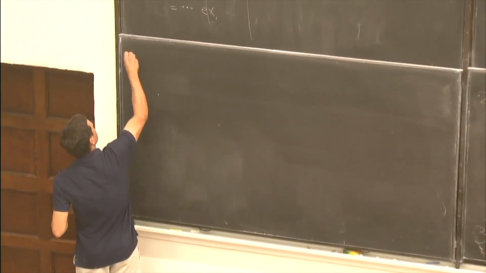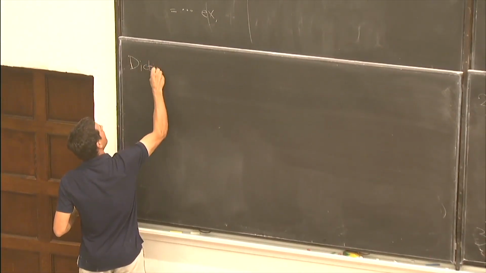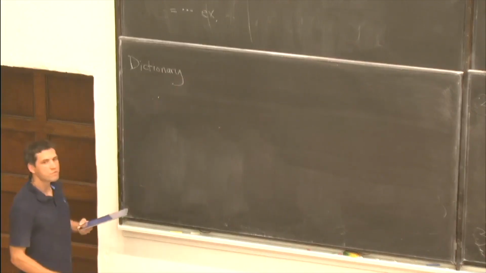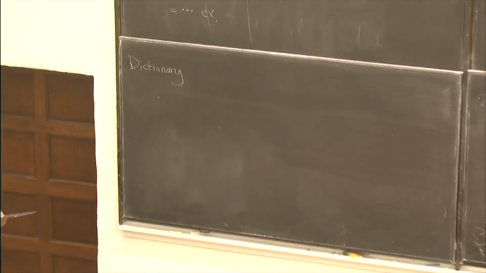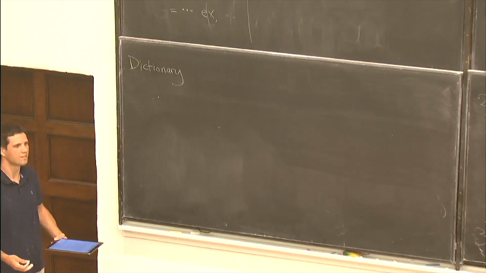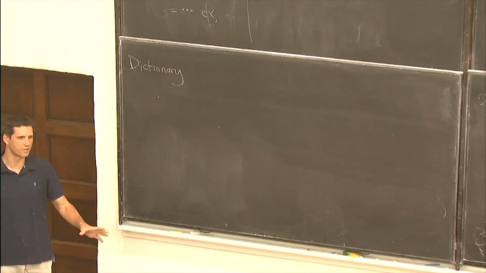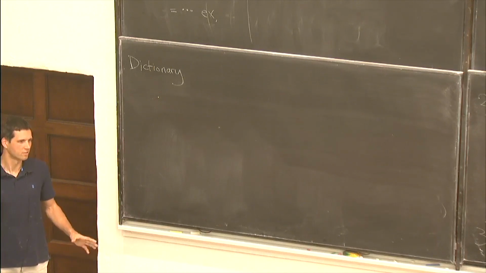So at this point, what we have is a bulk formula for this two-point function. But it's a formula that's true in any holographic state. So if you have a formula that's true in any state, that means you can drop the state and view it as an operator formula.